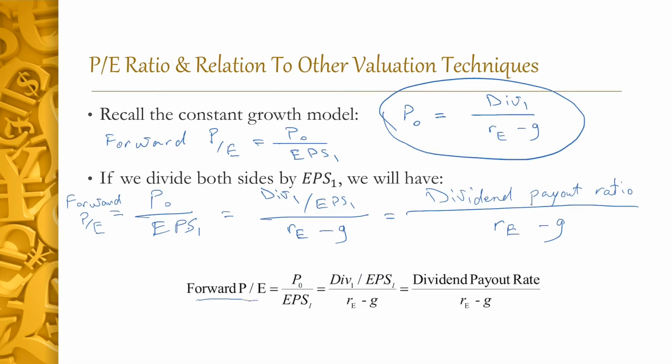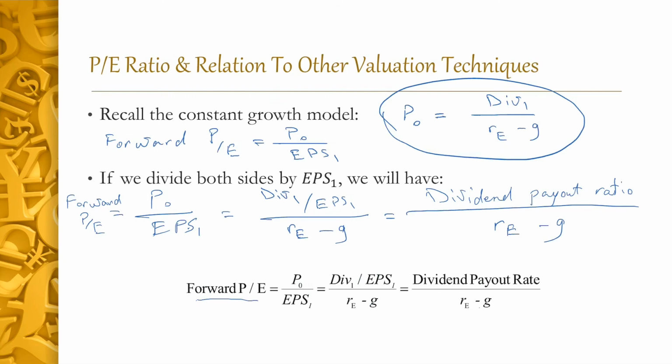A higher payout ratio would translate to a higher P/E, or a lower equity cost of capital, keeping everything else equal, would translate to higher forward P/E ratios.